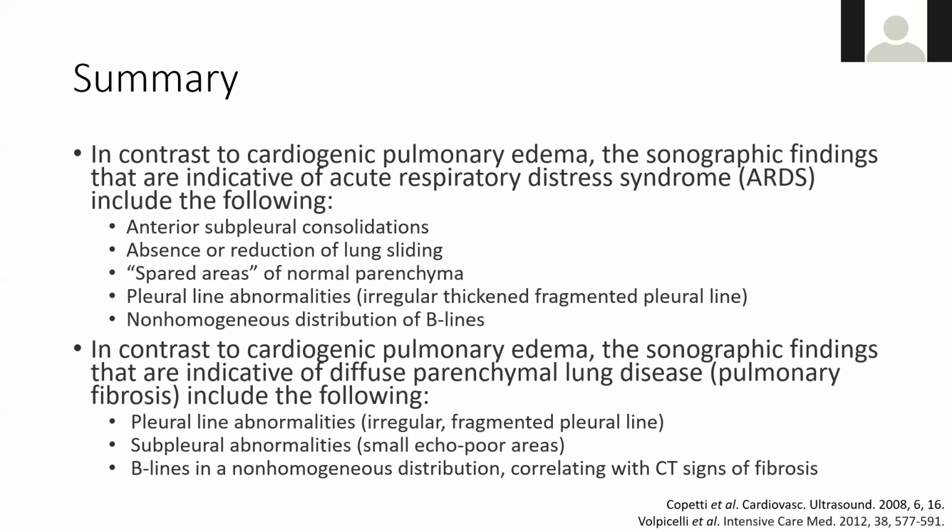Other features that are more indicative of pulmonary fibrosis or diffuse parenchymal lung disease would again be pleural line abnormalities, as we discussed, subpleural abnormalities, and then B lines in a non-homogeneous distribution, specifically correlating with the CT distribution or CT signs of fibrosis.